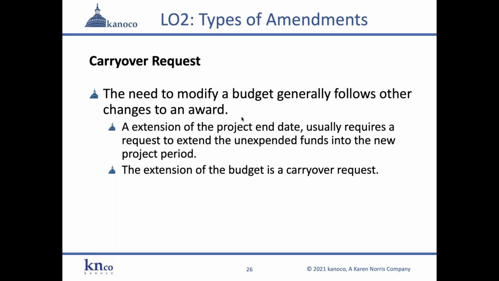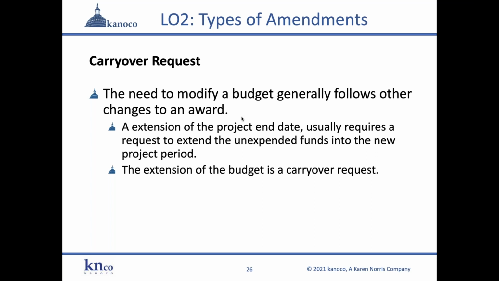So you want to make sure when you're asking for a no-cost extension of the end date to concurrently ask for, and by the way, I need to carry over the budget into the new project period. Now, some awarding agencies just understand that, and they do not require that you submit this double amendment request, but some of them still do.